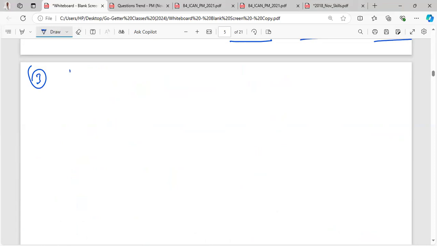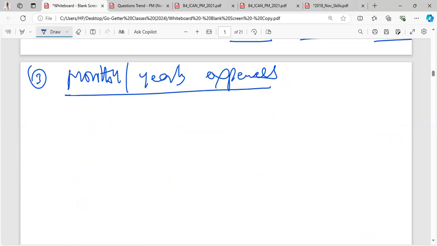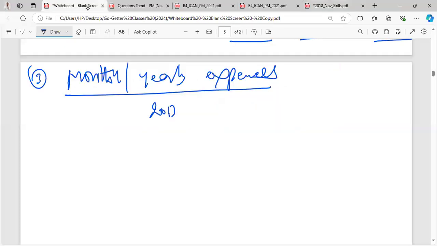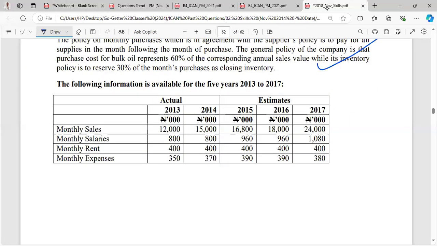That's workings 3. I would say monthly to yearly expenses. So they said 2013, 2014, 2015, 2016, and 2017: 350, 370, 390, 390, 380.